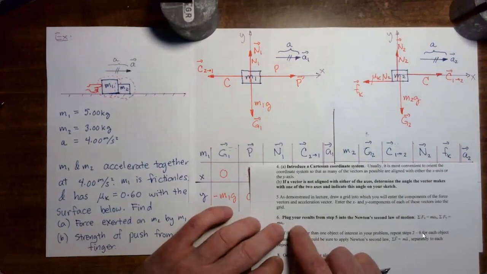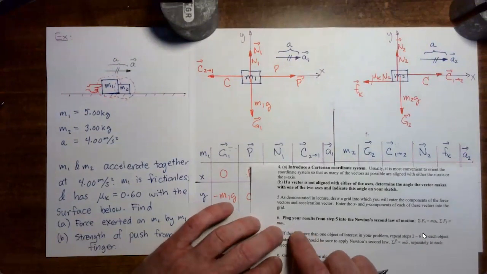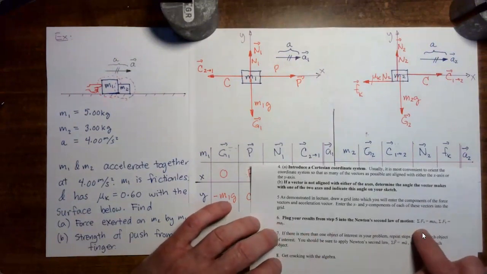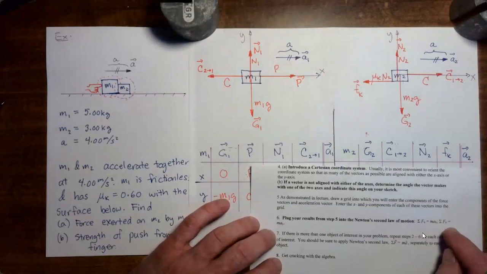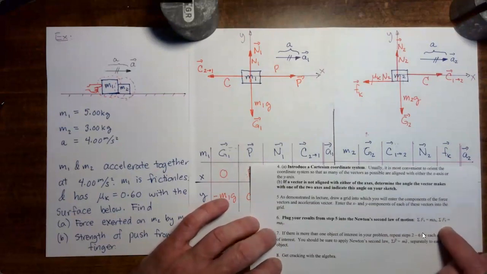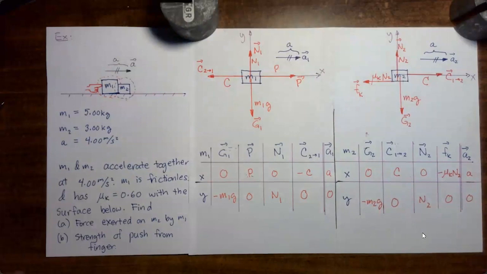Now we're going to go to step 6 on the handout, which is to plug our results into Newton's second law of motion, which says that the sum of forces in the x direction equals mass times x component of acceleration, and similar for the y components as well. That's going to give us 4 equations, but we may not need all 4 of those equations.